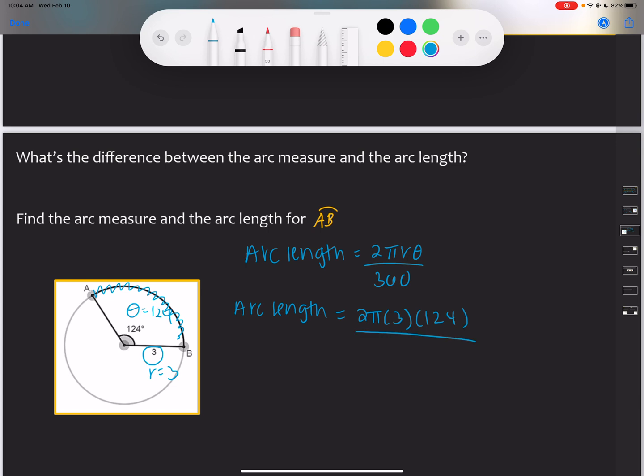So I'm just substituting those values in, and I'm going to plug that entire thing into my calculator just as it's written. And that'll give me something called an exact answer. The exact answer has pi in it, but I can also get an approximate answer by pressing that double arrow button on the calculator, and that's going to give me 6.49.